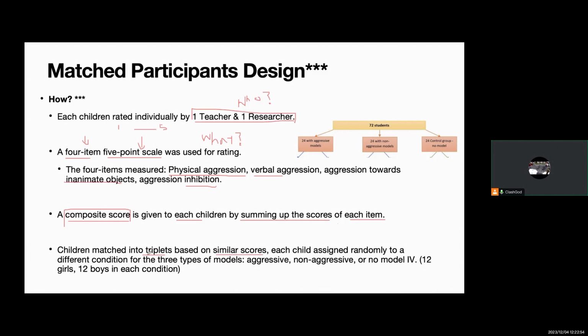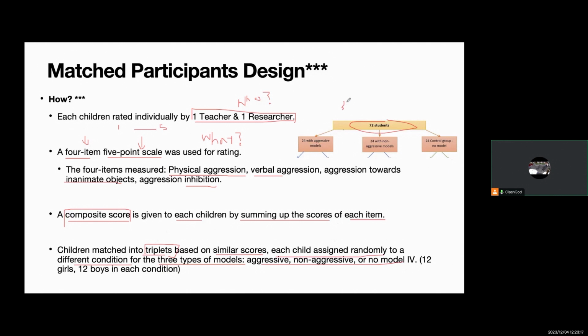And after they are matched into triplets, each child from each triplet is assigned randomly to a different condition of the 3 types of models: aggressive, non-aggressive, or no model. As you can see, we split the 72, which is 36 boys and 36 girls, into the 3 sections.